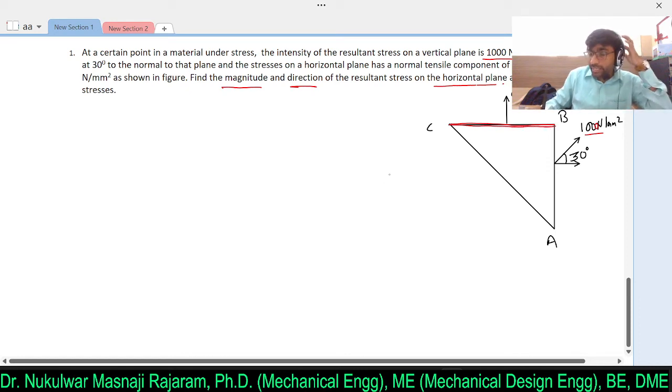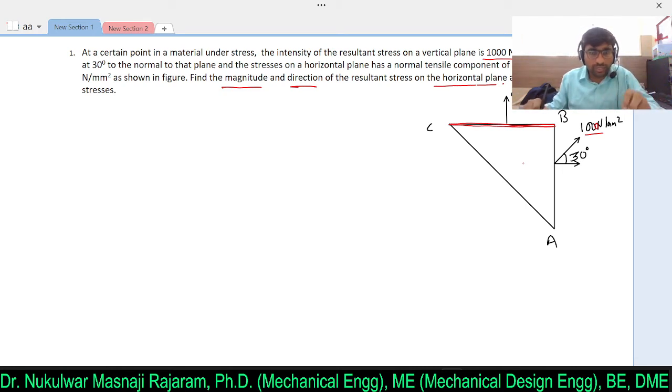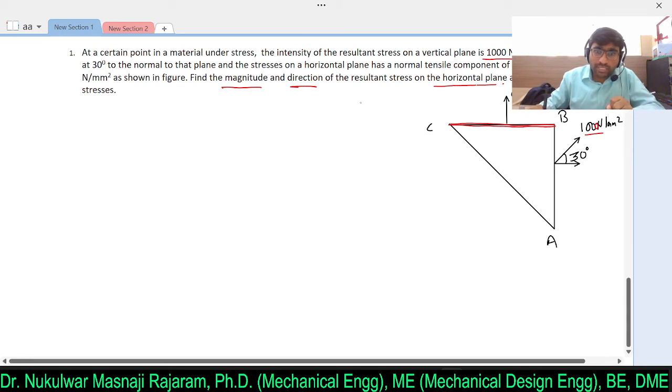When we evaluated the formulas, it was for the oblique plane, and after that we evaluated the principal stress where shear stress is 0. From that we got some formulas. However, in this problem statement they are asking specifically about only the horizontal plane. So here the horizontal plane is BC.